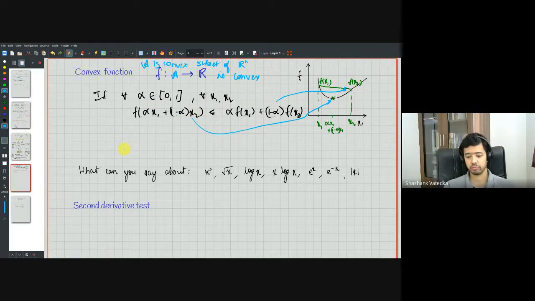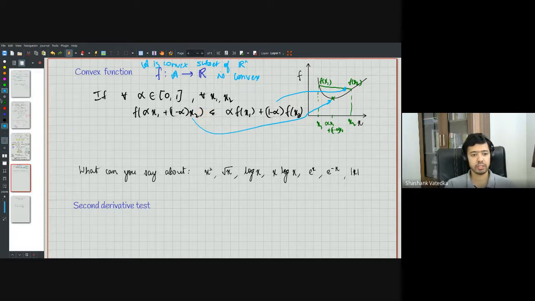So if you try to visualize what is happening, then a convex function has to look something like a bowl, and f of alpha x1 plus 1 minus alpha x2 is going to lie somewhere on this bowl, whereas alpha f of x1 plus 1 minus alpha f of x2 is going to lie on sort of a plane. Think of it like a plate covering this bowl, and therefore that's always going to lie above the bowl, right?